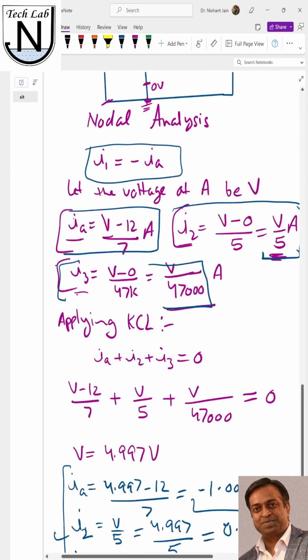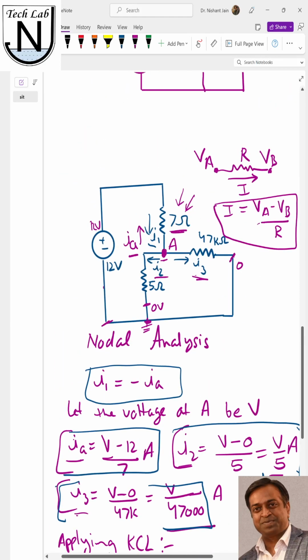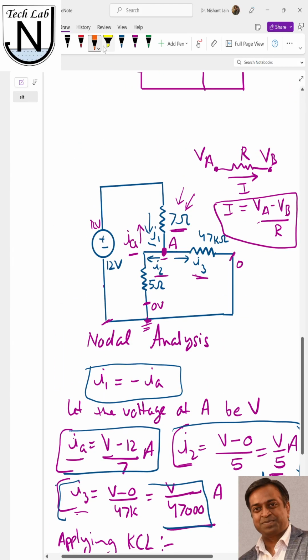Now if I look at the circuit, the current passes through the 7 ohm resistance, and when it comes to node A, the current has two paths. One is to flow through this 47 kilo ohm and another is to flow through this 5 ohm.